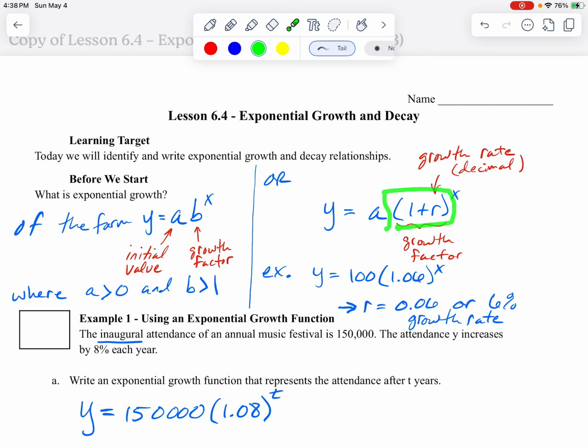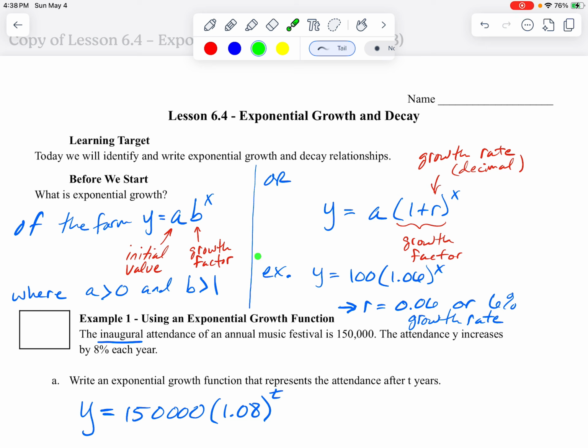Since b has to be bigger than 1 for growth, however much bigger it is than 1, we're going to call that our r value, which is our growth rate. However much bigger that number is than 1, that's what we're going to call our growth rate.